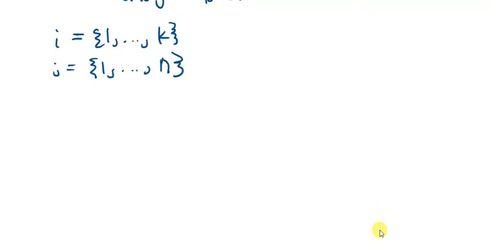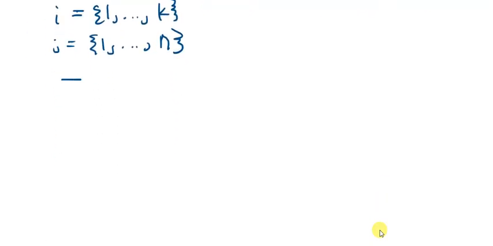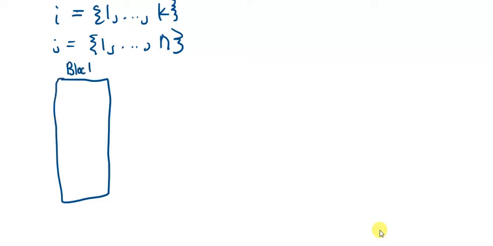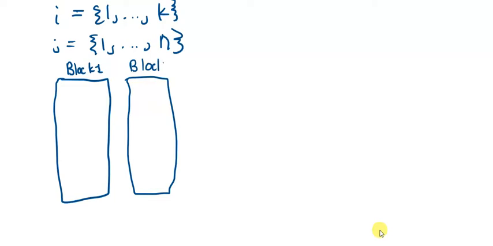Now in a blocking setup, a way to visualize our data is we have these blocks: Block 1, Block 2, all the way to block n.